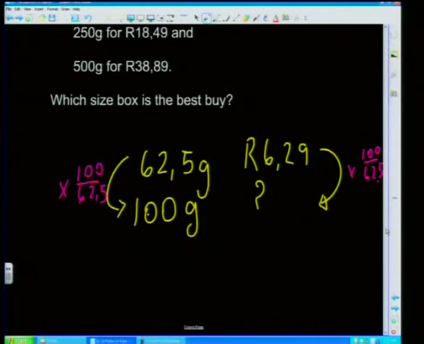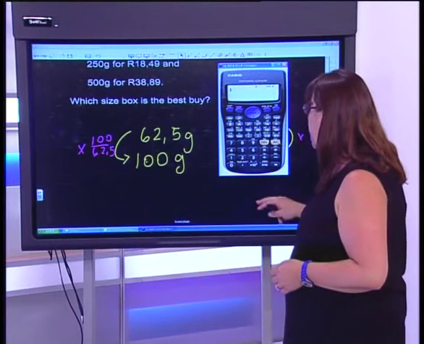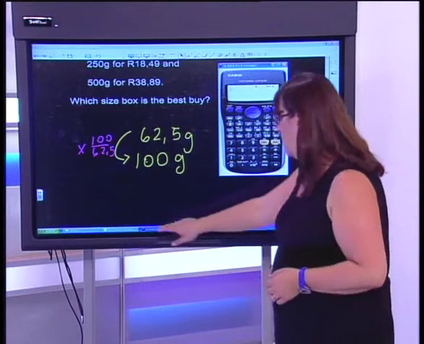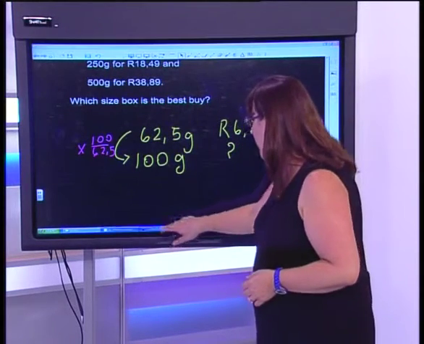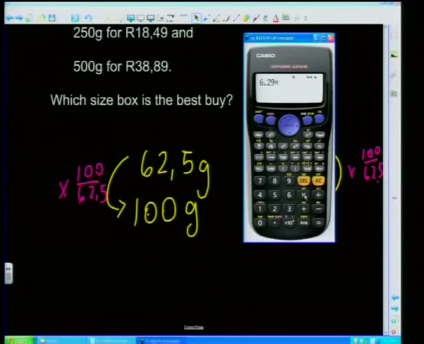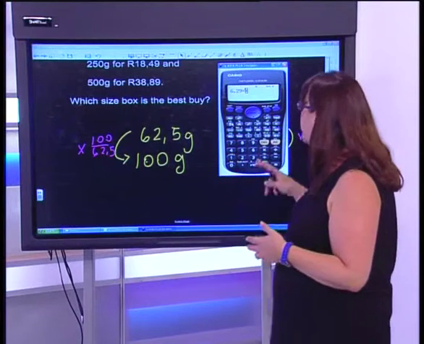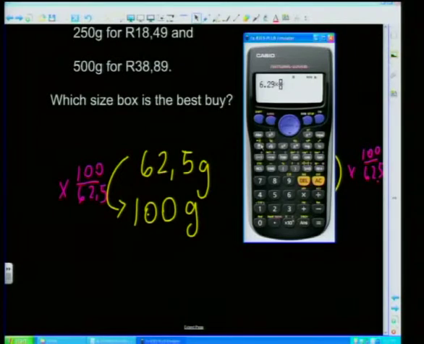So now let's find our calculator and do this calculation. It was R6.29. I'm going to times it by, and I can use my fraction button, and if you're using a non-scientific calculator, then just times, press equals and then divide, and you should be fine. So let's use it: 100 over 62.5, and we get an answer of 10 Rand, 0.064 cents.